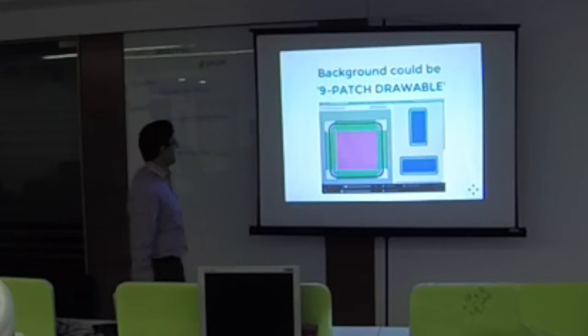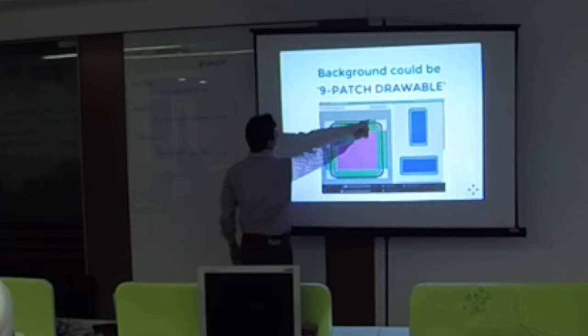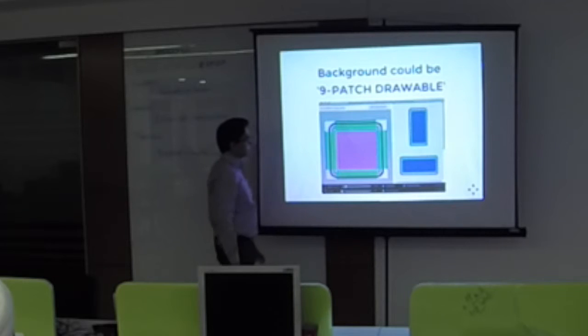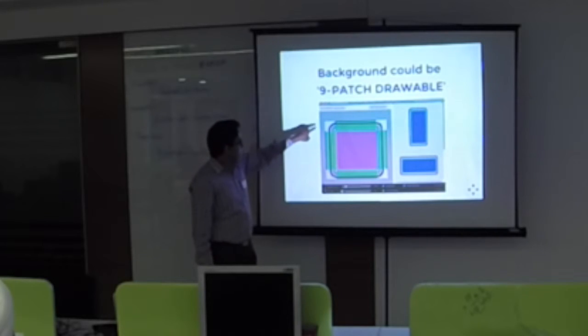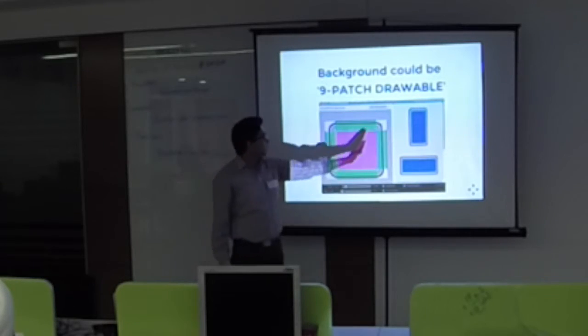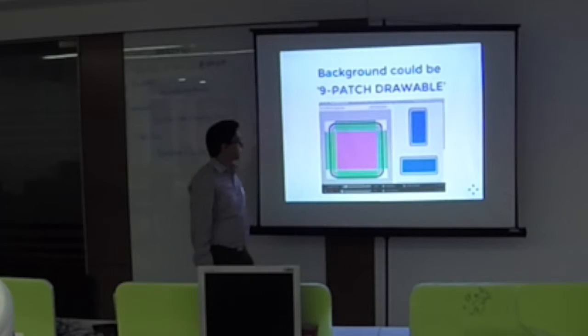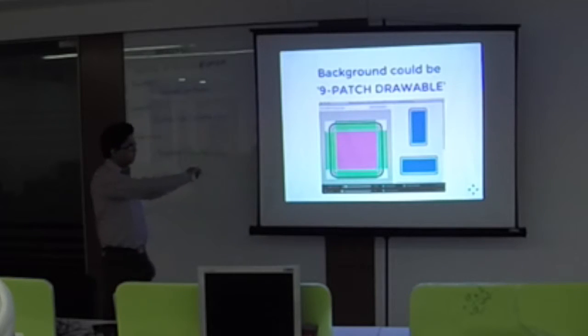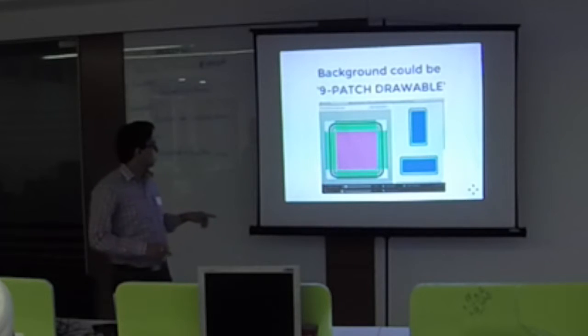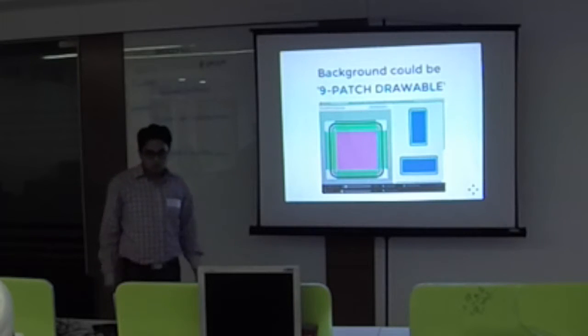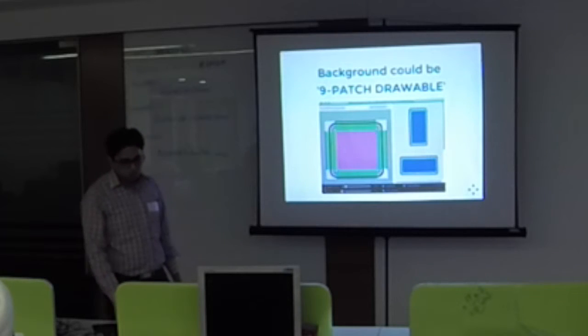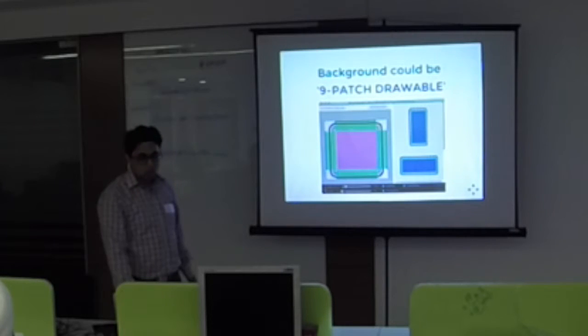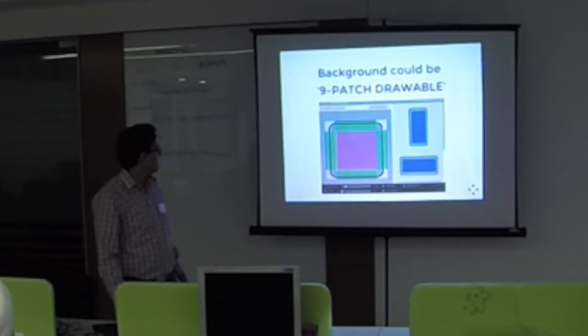So in this image, we have marked this area and this area as stretchable, and we have left out the corners. So it will stretch like this for taller devices and for wider devices, and its corner will remain intact. So if our background is 9-patch drawables, they won't cause any issues because it will scale automatically.